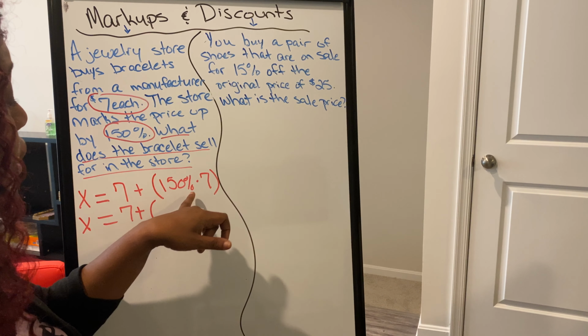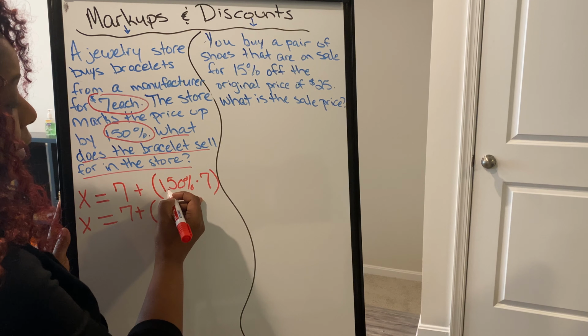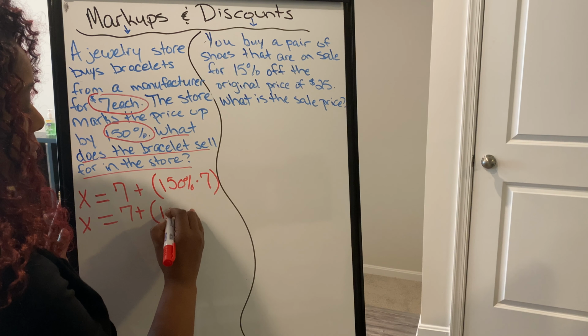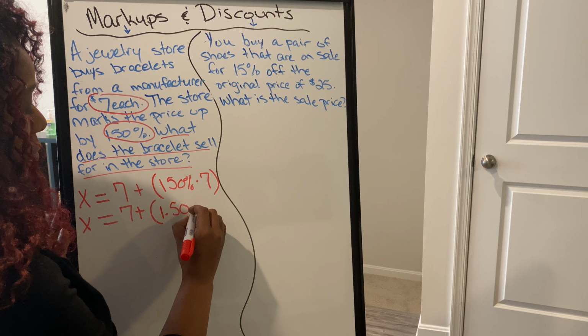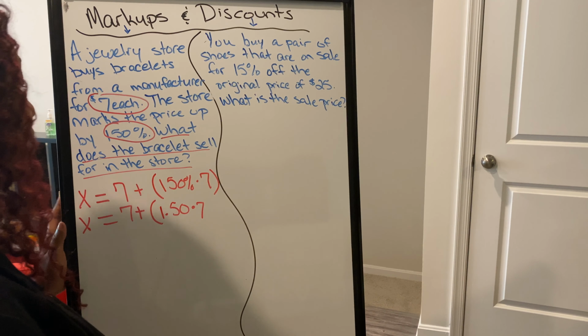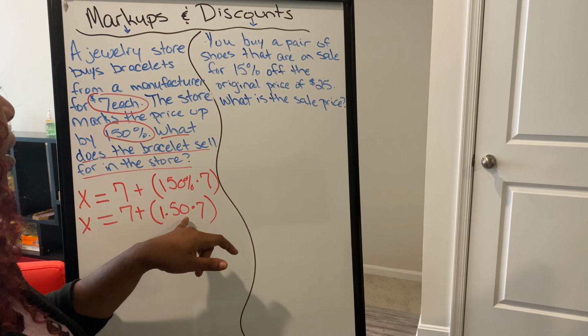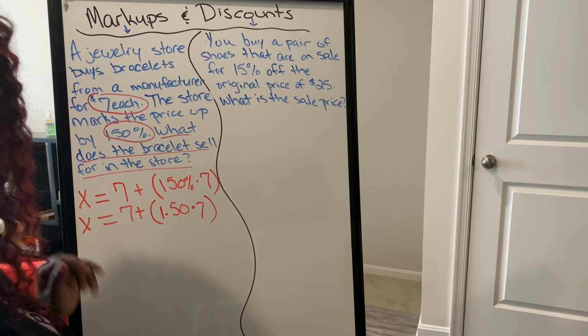Or I can just take this percent and pretend I'm moving it 2 spaces. That's times. So 1 50 hundredths times 7.